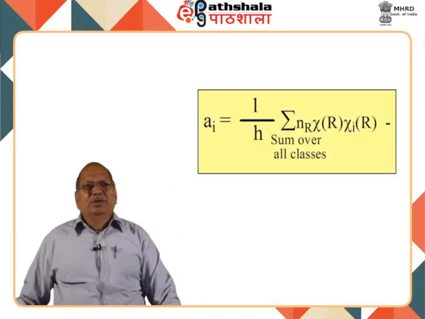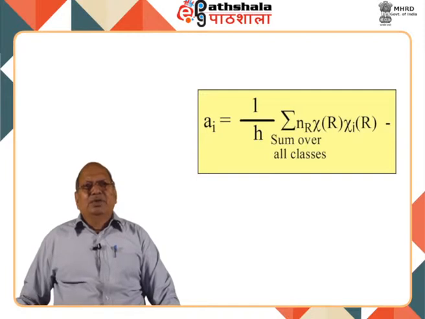This equation 1 says a_i is equal to 1 upon h, summation n_R chi_R, that is, summation over all classes, where h is the order of the group to which the irreducible representation belongs, n_R the number of operations in a class, chi_R the character of operation R in the reducible representation, and chi_i(R) is equal to the character for operation R in the ith irreducible representation, that is tau_i.